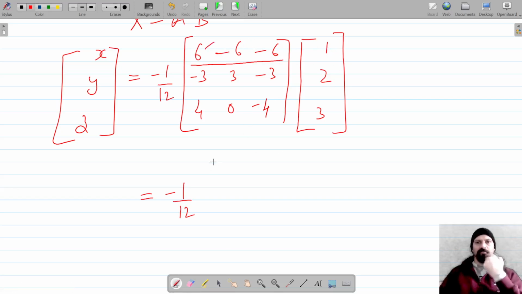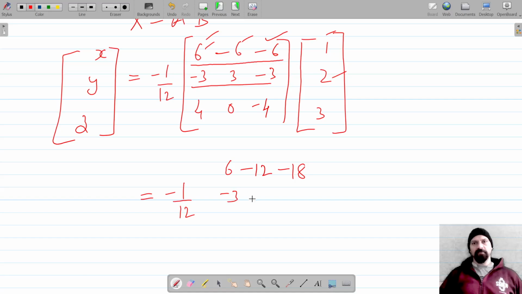So 6 into the first element is 6 into 1, and then -6 into 2, which is negative 12, and -6 into 3, which is negative 18. Then take the second row. This is negative 3 plus 6 is negative 6.